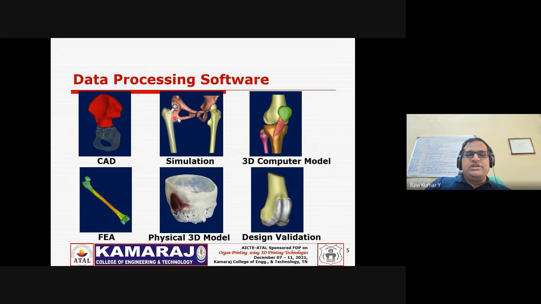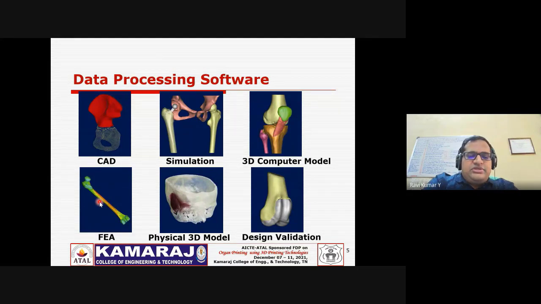You can even simulate this surgery, or make a 3D computer model, depending upon your application. Say you have designed a femur implant for the orthopedician.